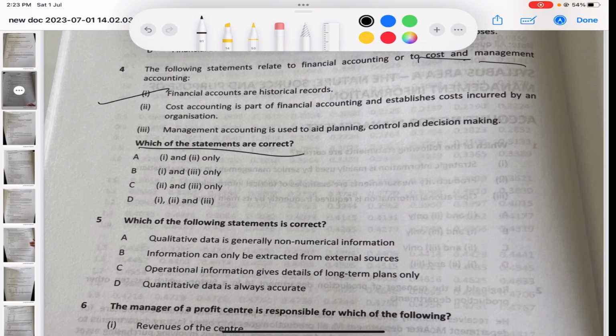Is that correct or no? How is it correct? Cost accounting is not a part of financial accounting. We have been discussing that since the starting, that cost accounting is another thing and financial accounting is another thing. So the second is definitely not correct. Management accounting is used to aid planning, control and decision making. So 1 and 3 should be the answer, right? So my answer is B.